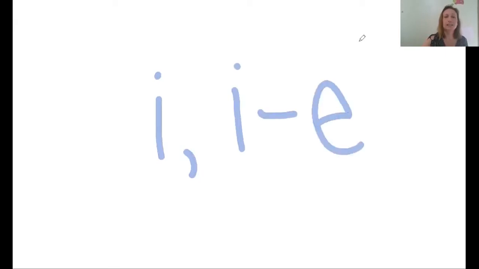A-R. We said that's an R-controlled vowel, or the bossy R. That R takes over that vowel sound. Next, 2 ways to write I. And what 2 ways do you know? I or I, consonant, E. Both of those say I.